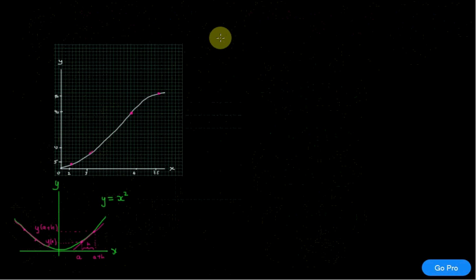Okay, so we said that the slope would follow this formula where it goes y of a plus h minus y of a and all of that over h, right? And then we said, well, I could substitute the equation into this where whatever happens to x is just substituted by some other future value or some initial value.